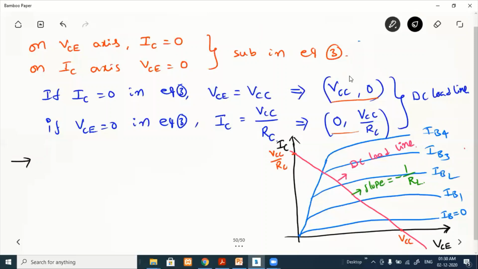The operating conditions of the transistor are described by the values of VCE and IC. Those operating conditions we call the operating point.